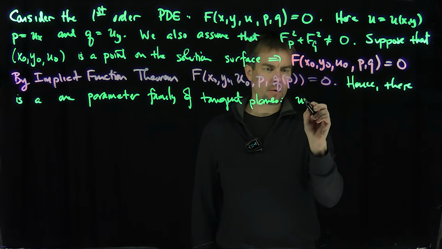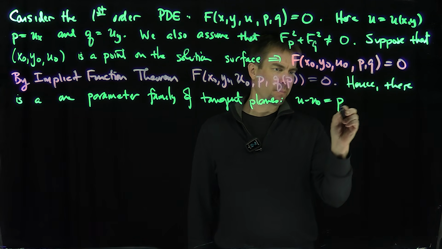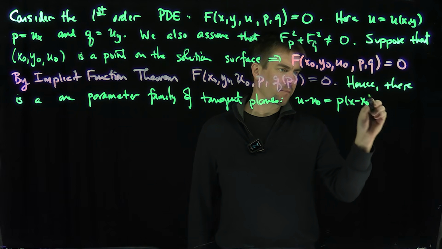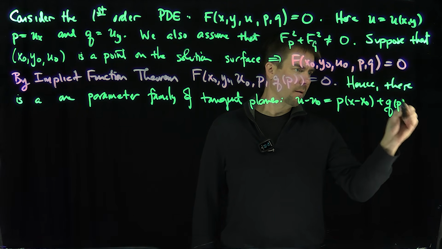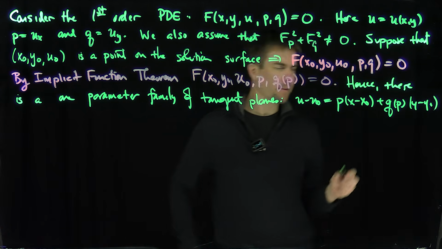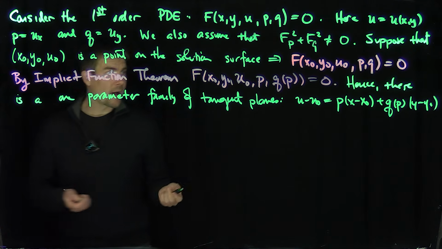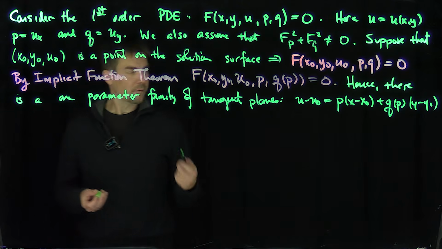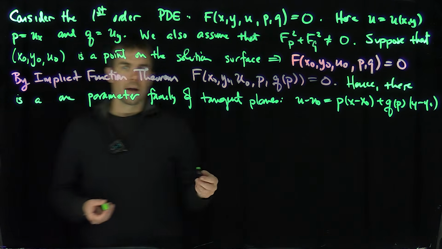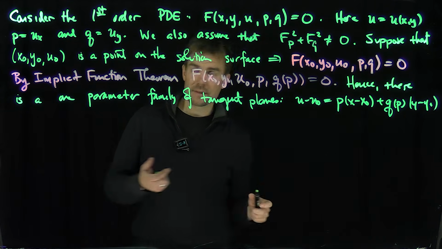They look like u minus u0 is equal to p times x minus x0 plus q of p times y minus y0. In other words, for a solution to this PDE to exist, it has to be in contact with all of these tangent planes.